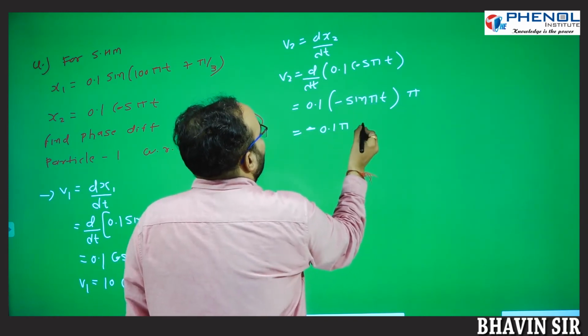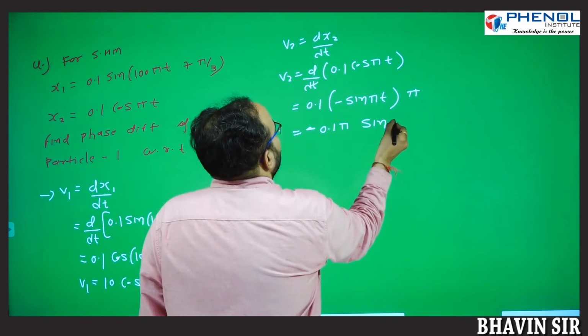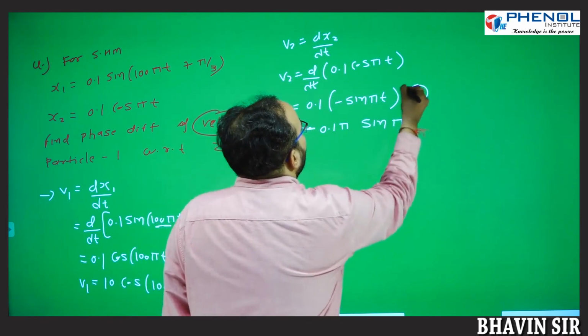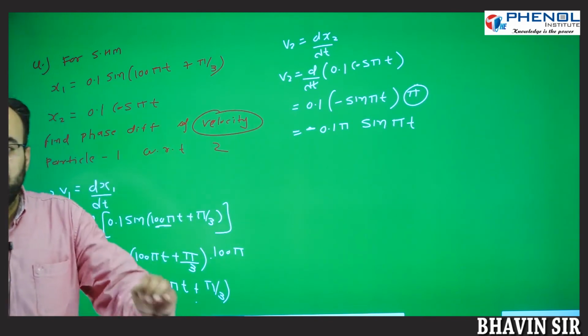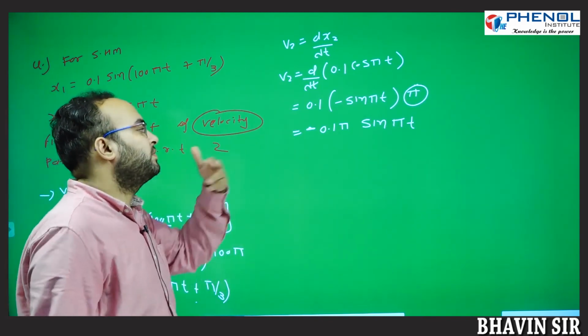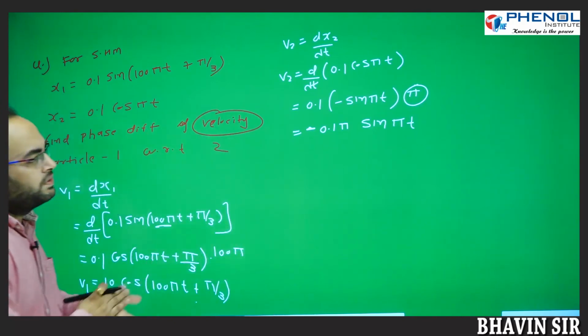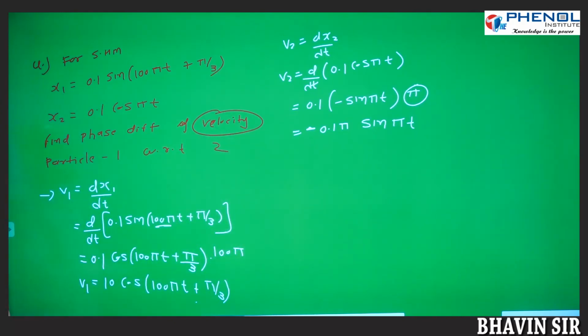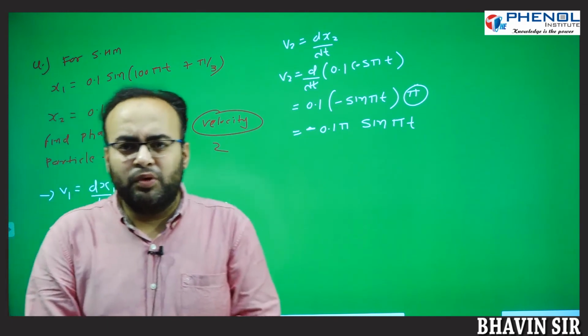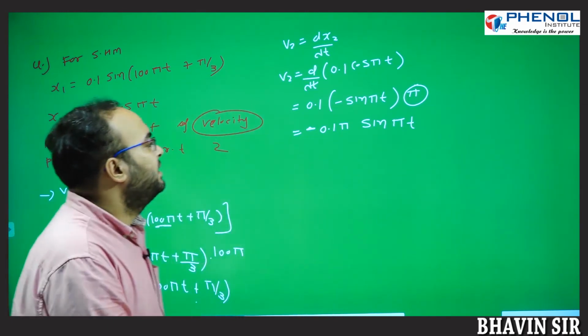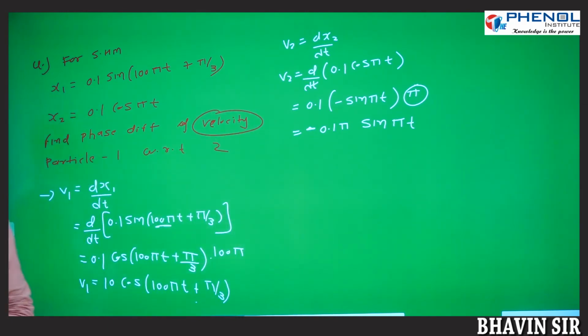So minus 0.1 pi. Why pi here? Because of the rule of differentiation: multiply with the coefficient of t, and the coefficient of t is pi. So now students, see, the velocity is minus 0.1 pi sine pi t.